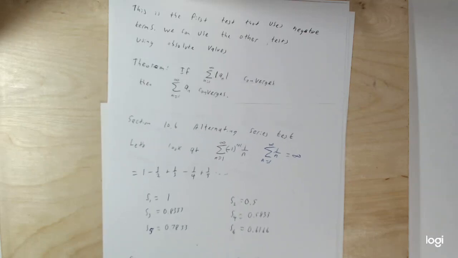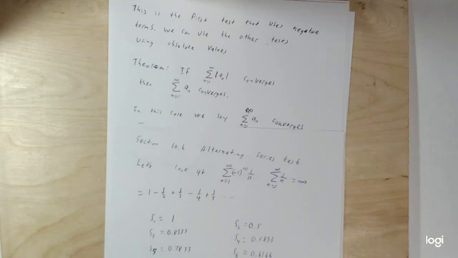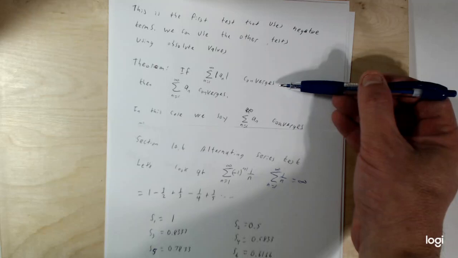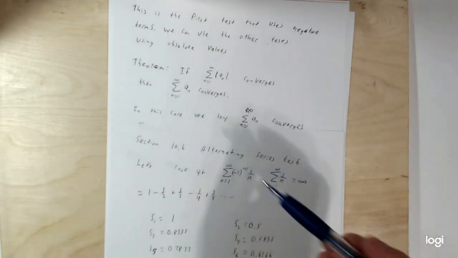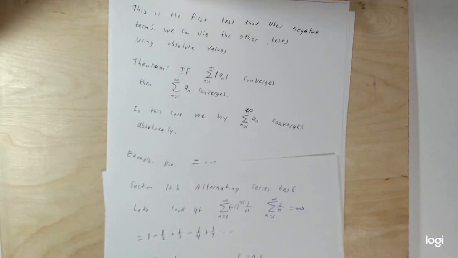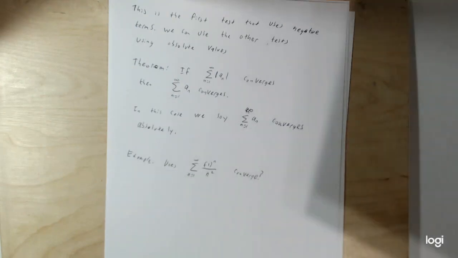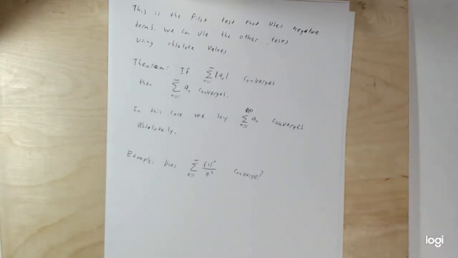It basically says when you have something alternating, you can use the alternating series test or any of the others. Now, when you use one of the other tests other than the alternating series test, we say that the sum here converges absolutely. Okay, so for example, we have negative 1 to the n over n squared.